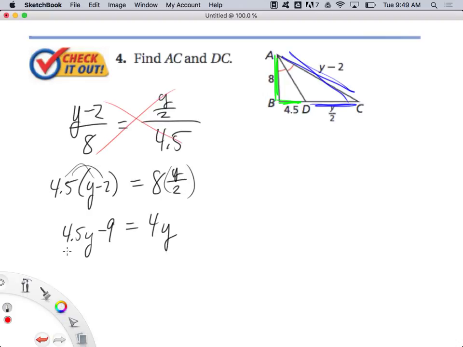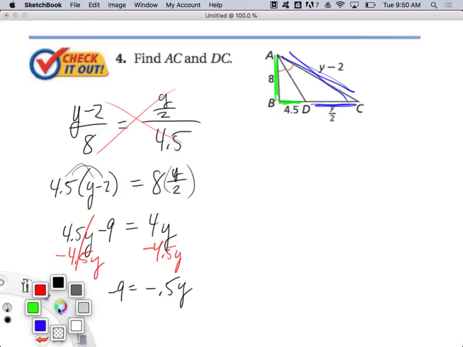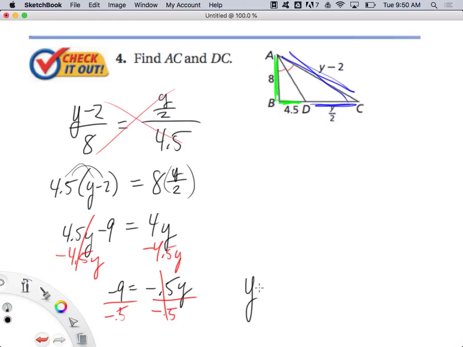Okay, I subtract 4.5y from both sides, and I get negative 9 equals negative 0.5y. I then divide both sides by negative 0.5. Negative over negative makes it positive.